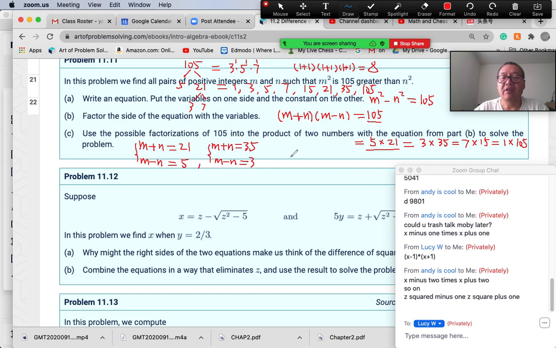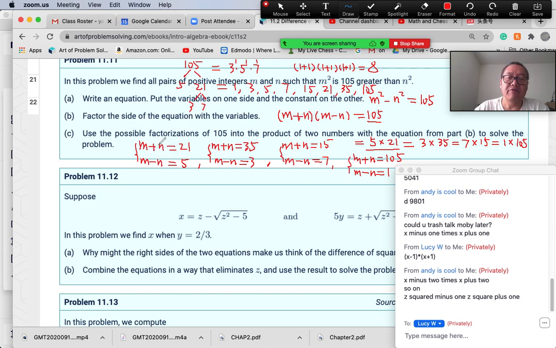The third one: m plus n equals 15 and m minus n equals 7. The last one: m plus n equals 105 and m minus n equals 1.